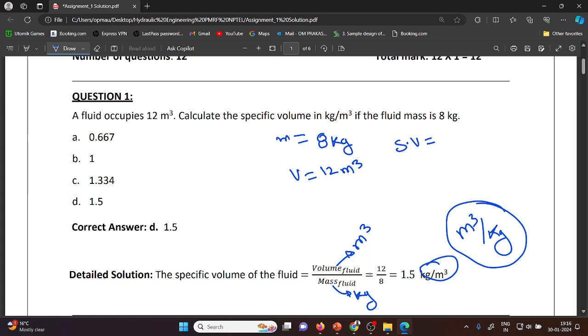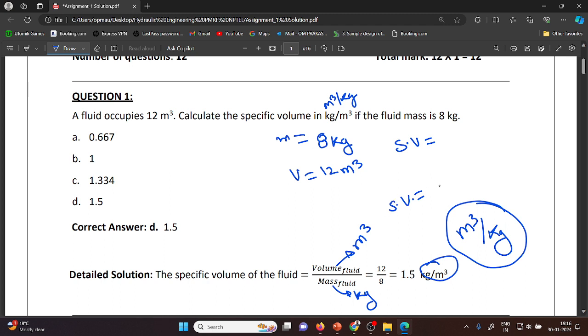Volume per unit mass, so the unit is meter cube per kg. You can also check the formula in the book.